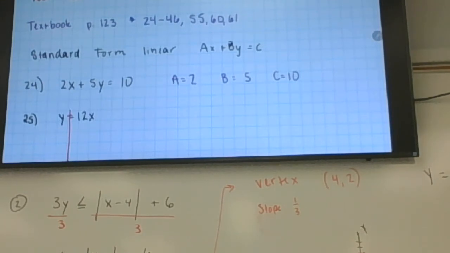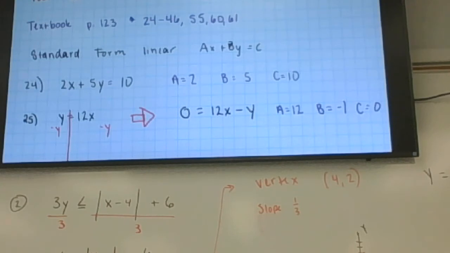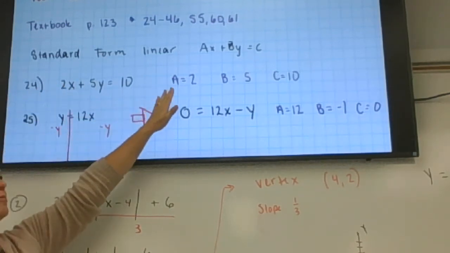I'm so confused. Do you get this email? Is it not already in the form? Number 24 is, but number 25 is not. So you just keep it? Yeah, and you just said identify A, B, and C, and some of you on your quiz put it in standard form, but then you didn't make the A, B, and C list.